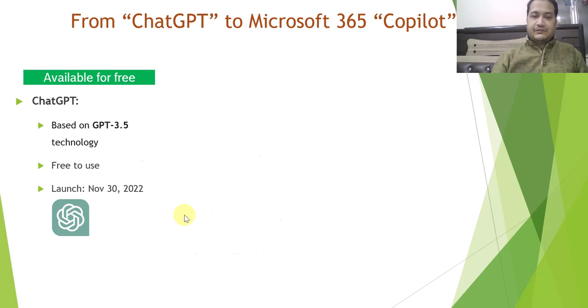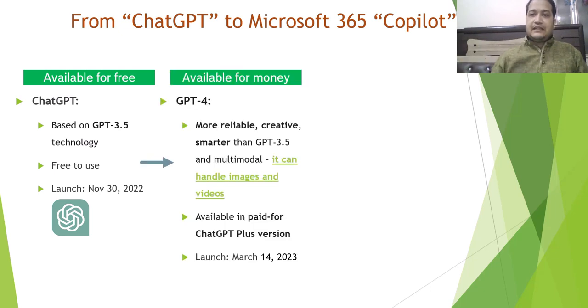Now, what happened after that? On March 14, 2023, GPT-4 was launched. So ChatGPT, or precisely OpenAI, came up with a subscription model which they called the ChatGPT Plus version. Since it was based on the GPT-4 model, it was more reliable, more creative, and smarter compared to its previous version, GPT 3.5.